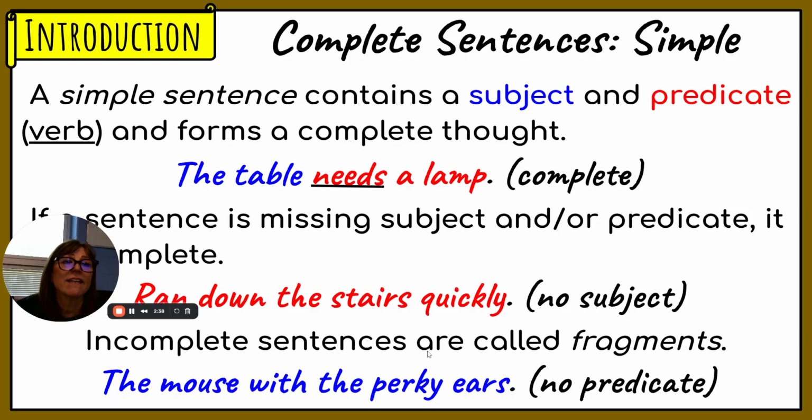An incomplete sentence is also called a fragment. In Greek morphology, frag means broken. So this is like a broken sentence. Another example of a fragment or a broken, incomplete sentence would be the mouse with perky ears.